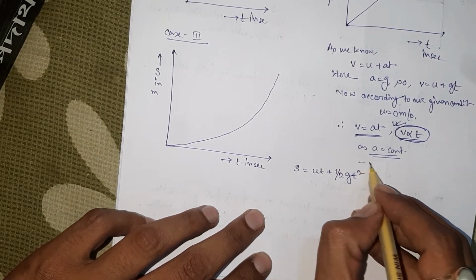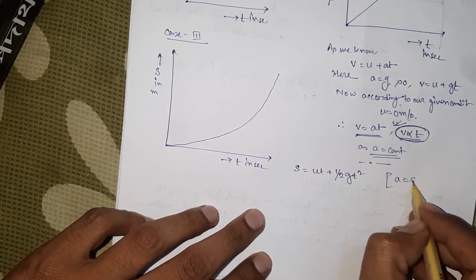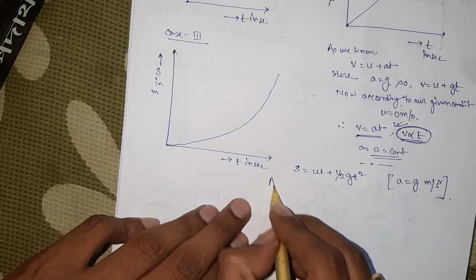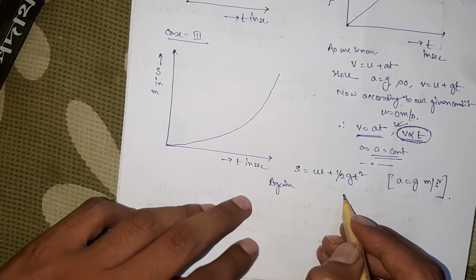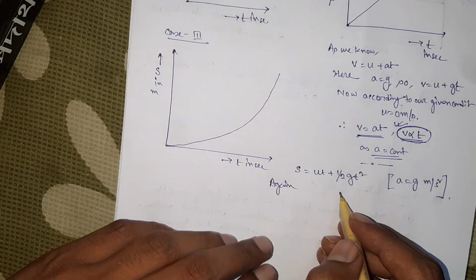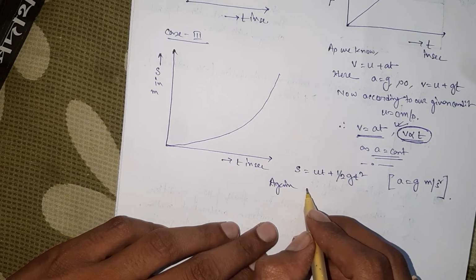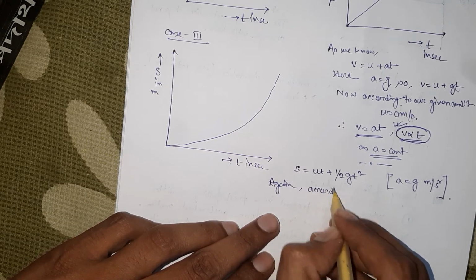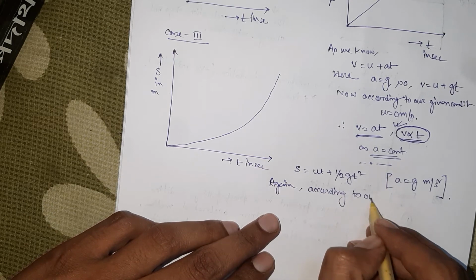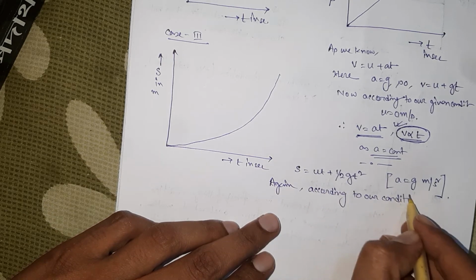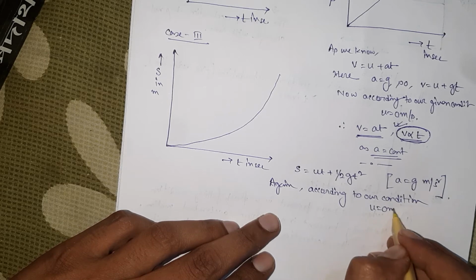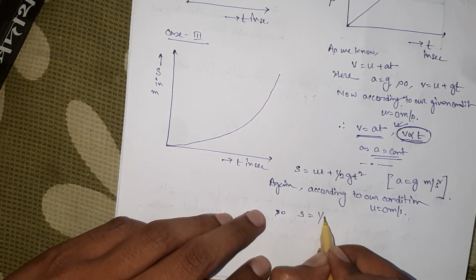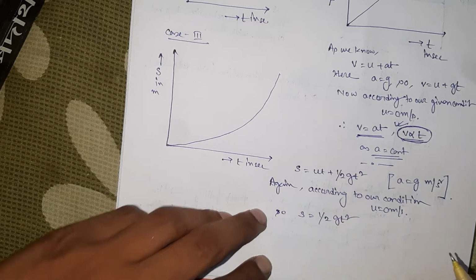As we consider only free falling case, so we put a equal to g. Okay. Again, as the journey started from rest, so the initial velocity of the object will be 0. So according to our condition, u will be 0 meter per second. So s is equal to half gt square.